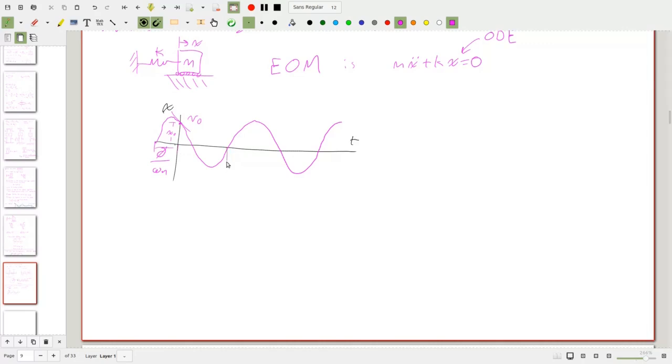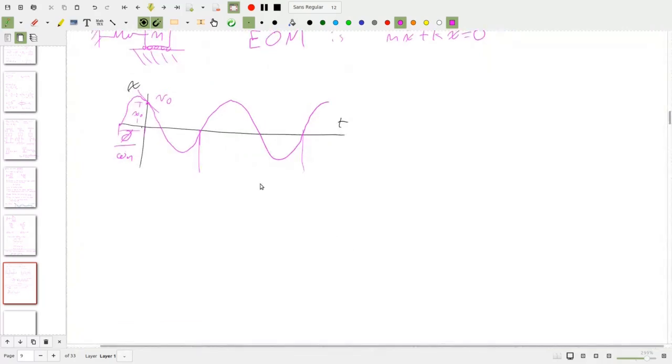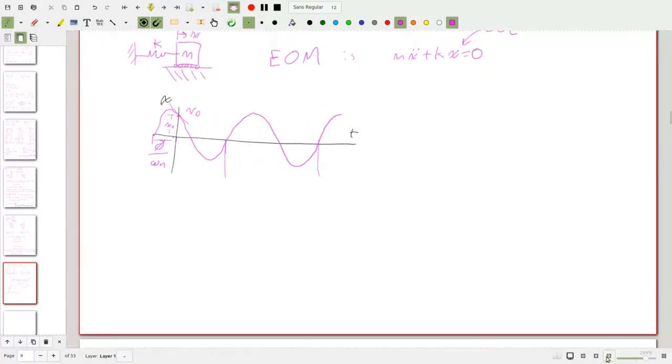So here to here, this is called a what? What's this distance? 2 pi. Not anymore, because we're in time. Oh, period. Yeah, period, right? And we denote that with a capital T. That's what you guys use.